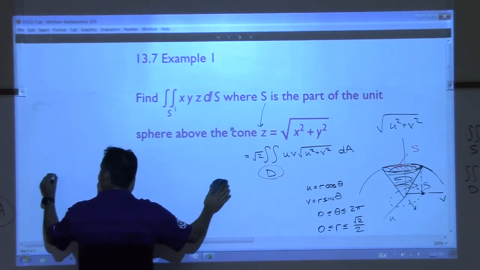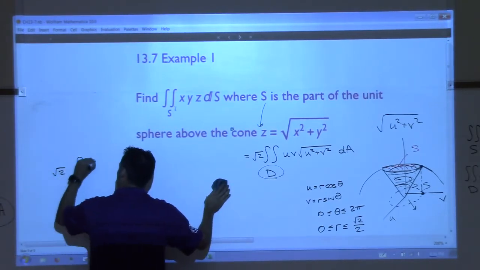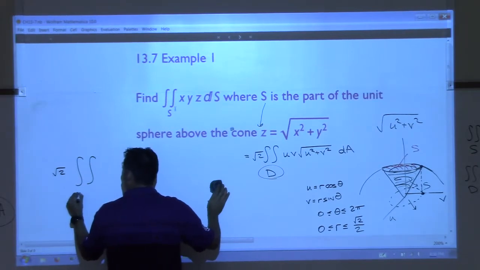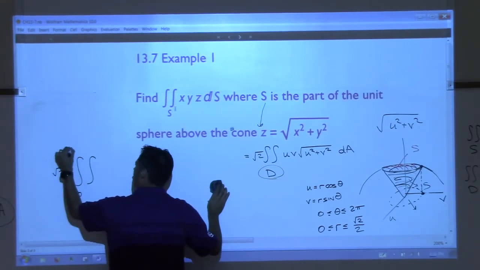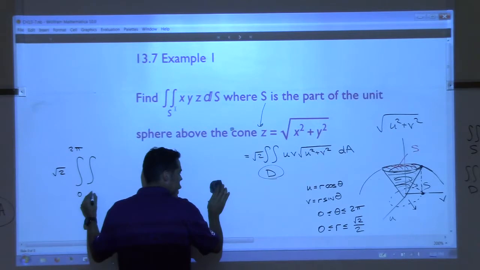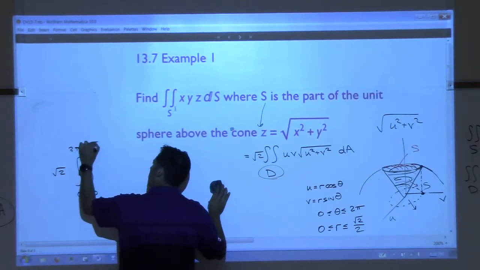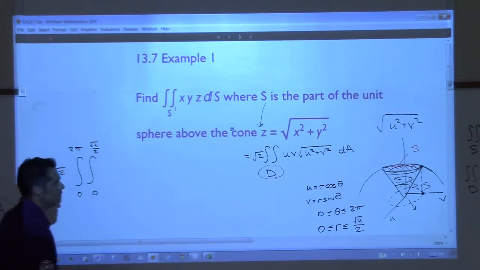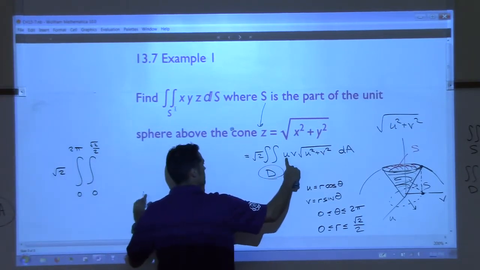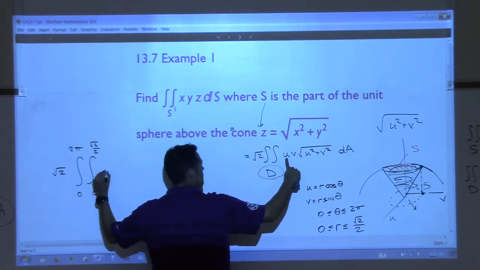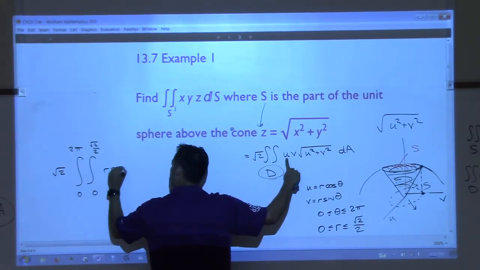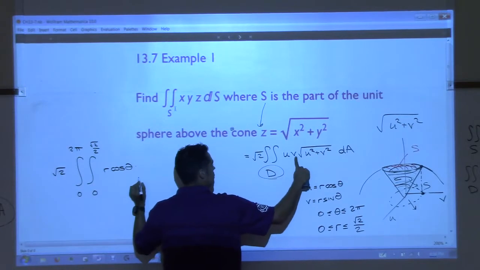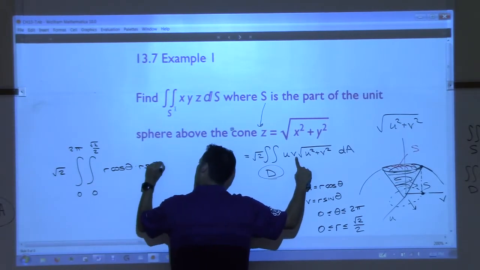root 2. Now I can put some limits of integration on here. Let's go theta on the outside, so 0 to 2 pi. Let's go 0 to root 2 over 2. And now the messy part. This is going to be R cosine theta. This is going to be R sine theta.